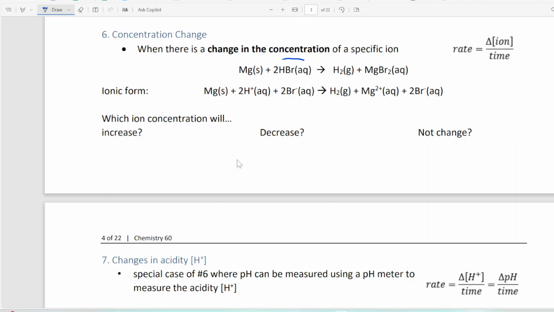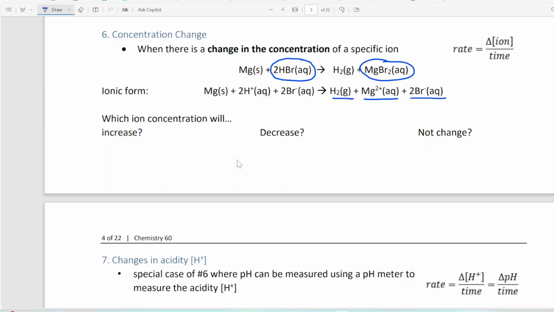And then whenever you have an aqueous solution, that actually means it's just ions in solution. So you have two hydrogen ions and two bromide ions, right? And then the product side, you have this gas evolving. So the gas is going to stay a gas, but then you have magnesium ions and bromide ions, right? So this magnesium bromide would be broken up into magnesium and bromide ions.